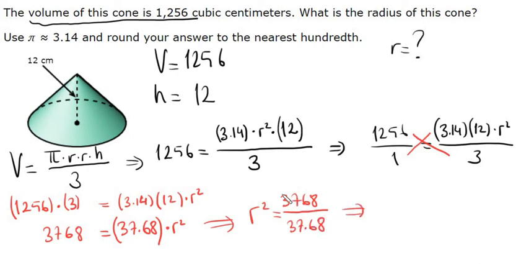If you just divide this number by this number, you're going to get 100. R squared is going to be 100. And then that means r is equal to the square root of 100, which is 10. So the radius of this cone is going to be equal to 10.